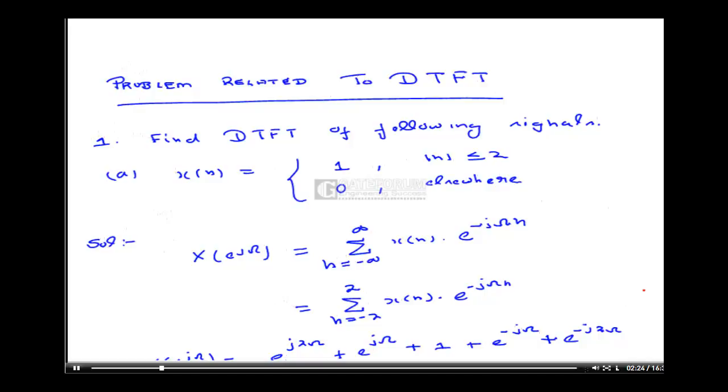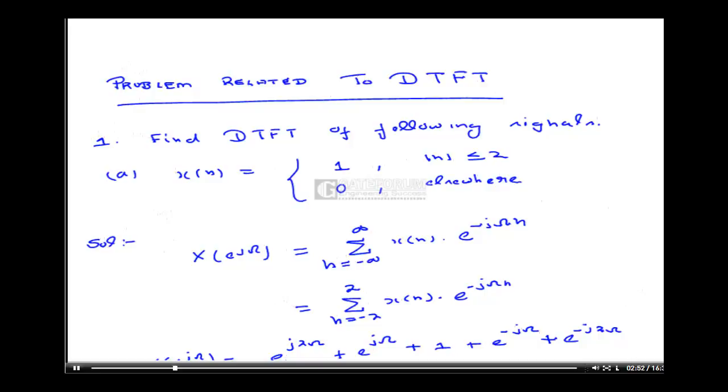Okay. From this equation, I will take e to the power minus j2 omega common: 1 plus e to the power j omega plus e to the power j2 omega plus e to the power j3 omega plus e to the power j4 omega.